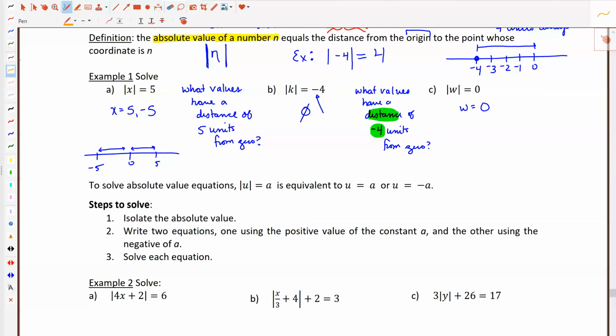Now just as a side note, this absolute value equation only makes sense if a is greater than or equal to 0. If a is less than 0, the absolute value of u is equal to a will have no solution.